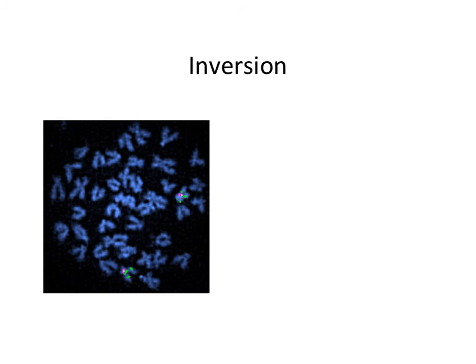Detecting inversions also benefits a lot from having multiple colors of FISH probes. In this case, I'm going to diagram the 2 chromosomes that exhibit FISH signals.